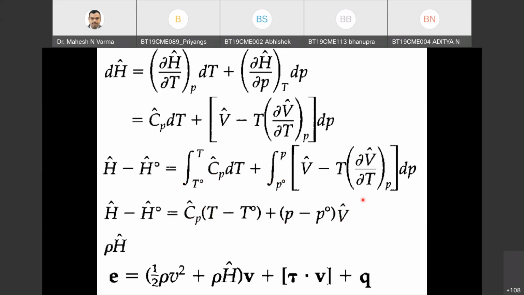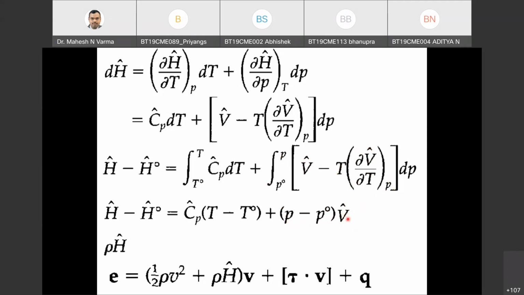As this V bar is constant with respect to pressure, the other term will be eliminated from the equation, and only (P minus P0) into V bar remains. I think the integration of that term will have zero value. So this is (P minus P0) into V bar.